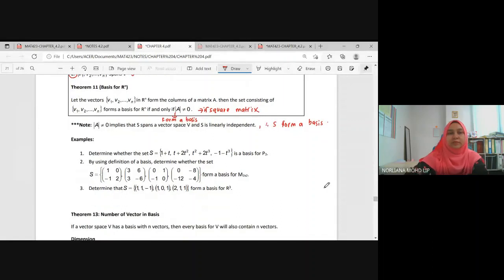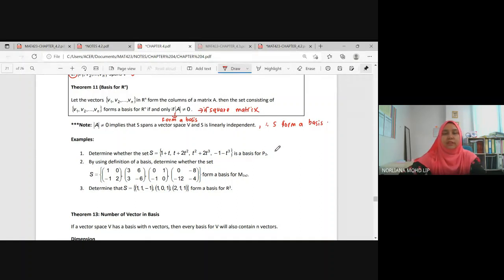Okay, look at example 1. Determine whether the set S equals 1 plus t, t plus 2t square, t square plus 2t cube, and the fourth vector, -1 minus t cube, is a basis for P3.